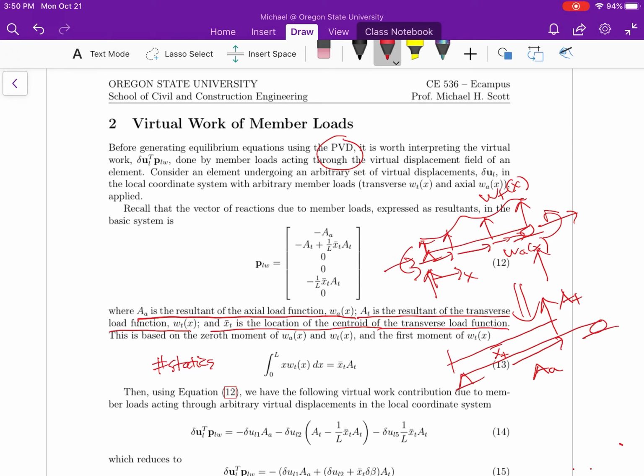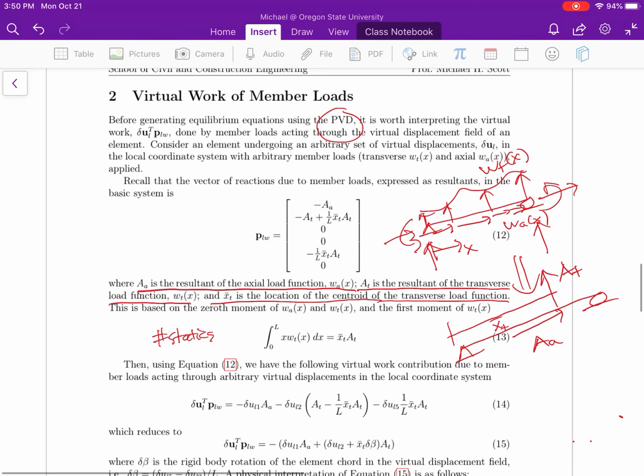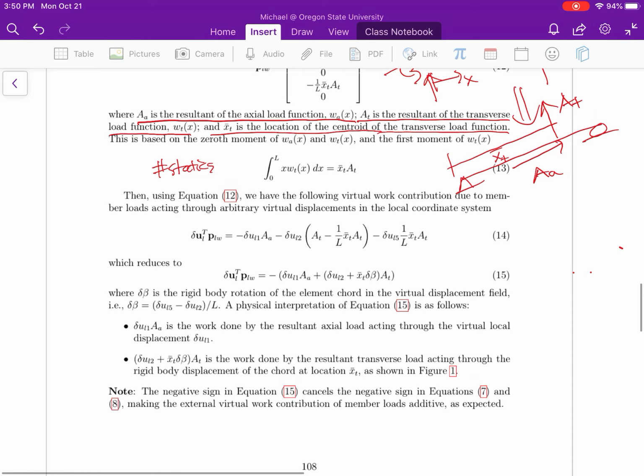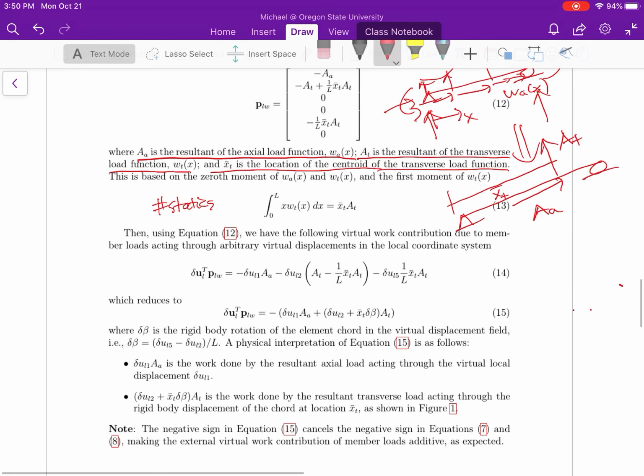Then using equation 12, or those resultants there, when we evaluate this term, which we saw in the internal virtual work expression for the PVD, we can just jam out all these terms.